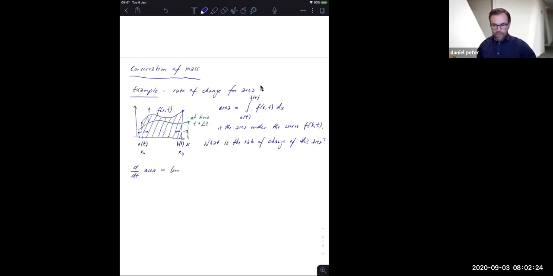Well, it's the limit of 1 over delta t, when you take delta t to 0, of the integral at time t plus delta t, minus the area at time t. dx here, sorry.